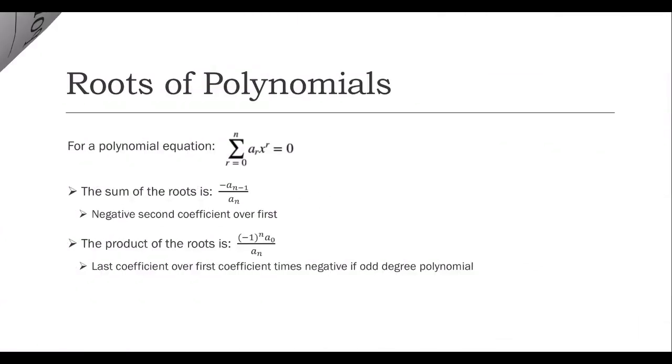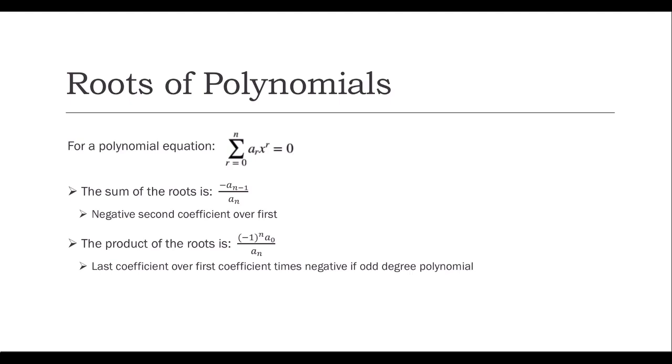Next, we have some information regarding the roots of polynomials. For a polynomial equation, the sum from r equals 0 to n of a sub r times x to the r equals 0, the sum of the roots is negative a sub n minus 1 over a sub n.